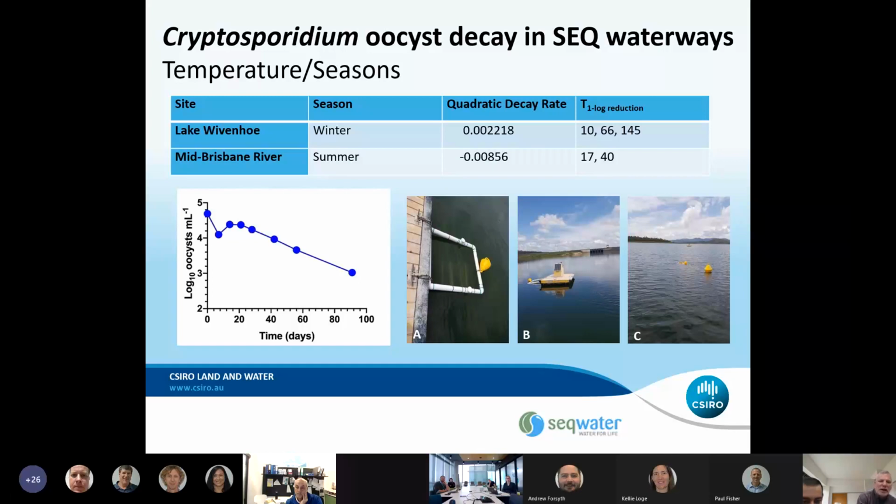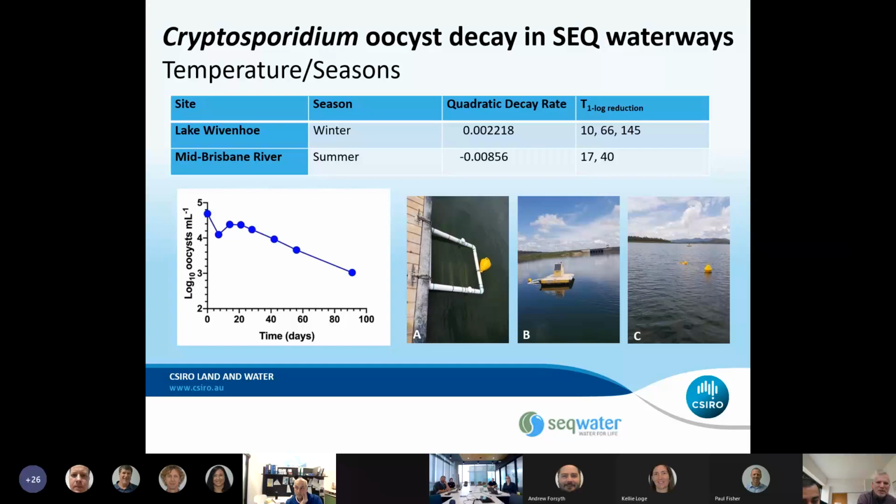But because we're getting a biphasic decay, you can see it starts off quite fast in winter in Lake Wivenhoe, and then will slow down. And typical of what we see in a lot of ecological studies, you have a proportion of the population of those oocysts that are a bit more resistant and will persist for a longer period of time.